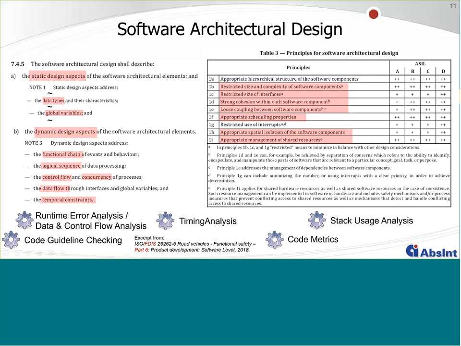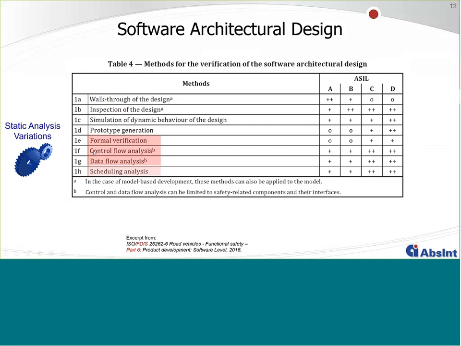This is runtime error analysis. Appropriate management of shared resources. Then again, you're in runtime errors and also in stack usage analysis. And then you have the temporal constraints, which means you're in the area of timing. Okay, methods. So here you can see methods for the verification of software architectural design. And of course, you see control and data flow analysis, maybe also formal verification, and also scheduling analysis involved in this.